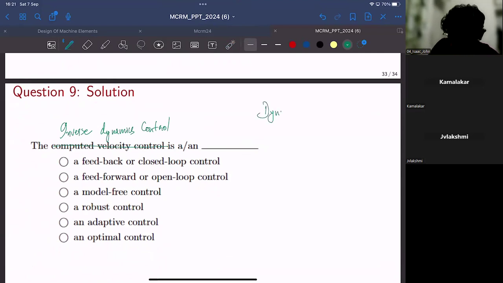Because for dynamic control, we have seen two cases. The first one was this inverse dynamics control. And the second one was the computed torque control.